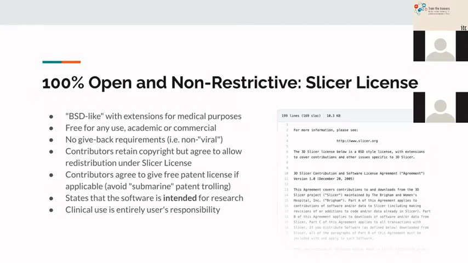When we first started with Slicer, we didn't define what the license was going to be. The group, like a lot of software packages, didn't say what it was, but we ended up getting this multi-institution grant called NAMIC, which stood for the National Alliance for Medical Image Computing, which had like 15 different universities involved.